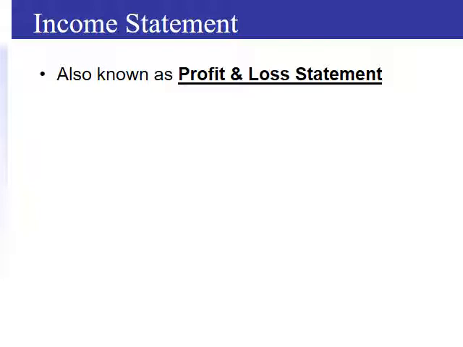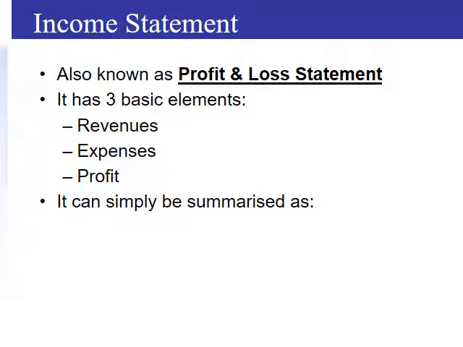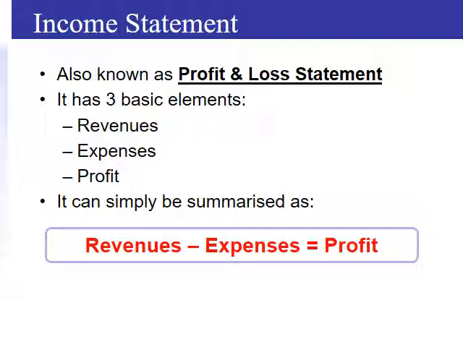The income statement is also known as profit and loss statement. It has three basic elements: revenues, expenses, and profit. It can be simply summarized as revenue minus expenses equals profit.